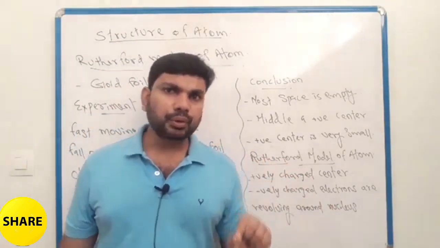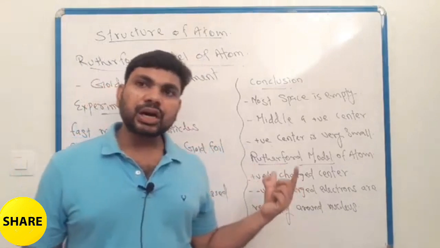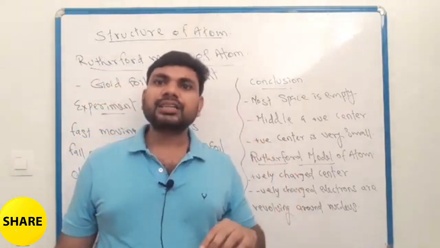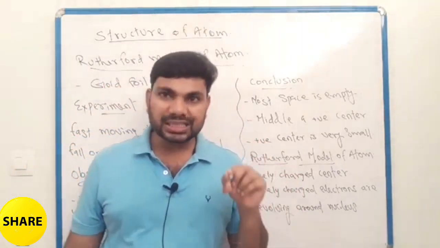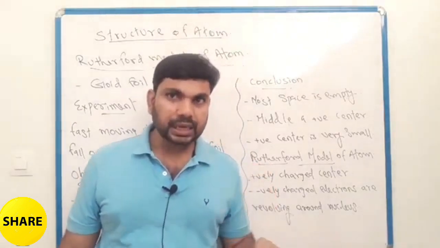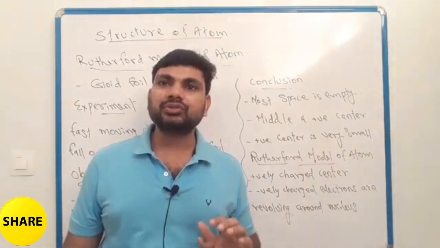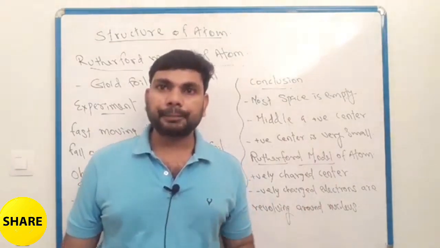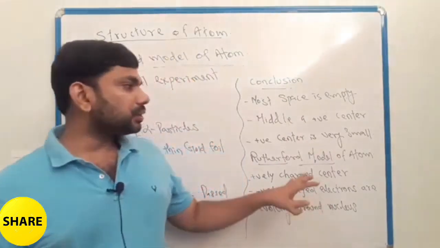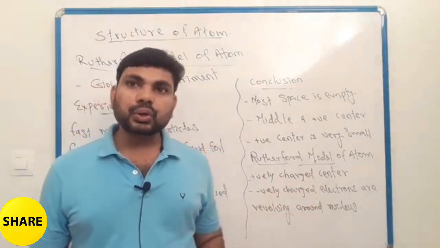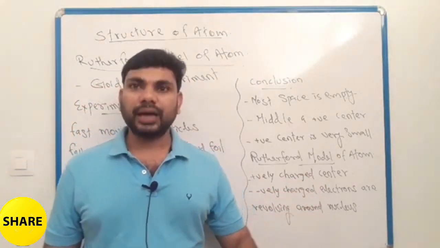According to Rutherford model of atom, in the middle of atom there is a positively charged center called nucleus. Around the positively charged nucleus, negatively charged electrons are revolving. Clear? And here Rutherford model of atom is also called the planetary model of atom.